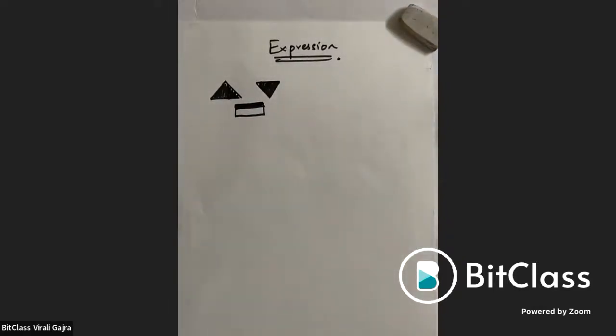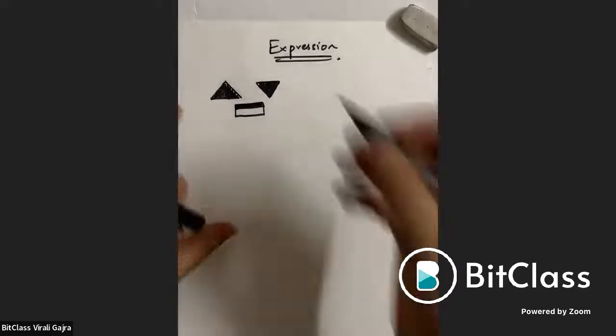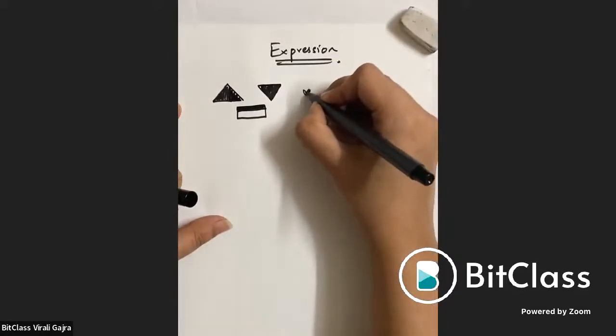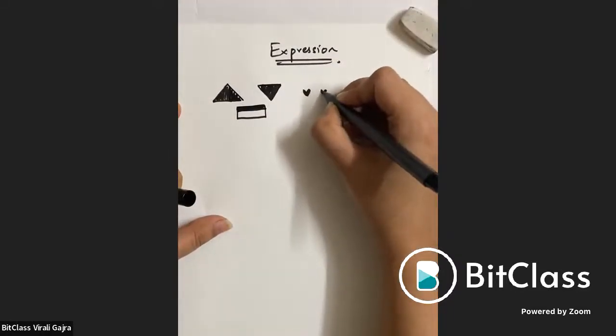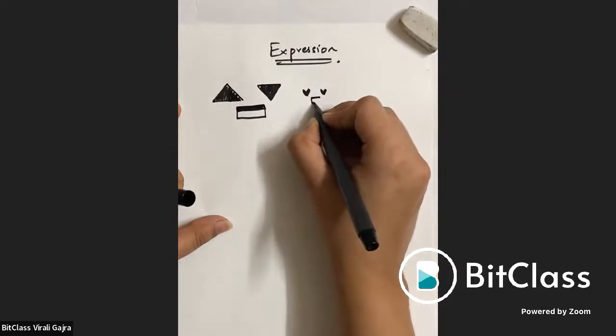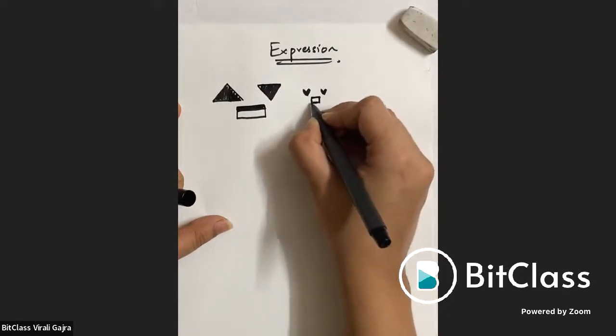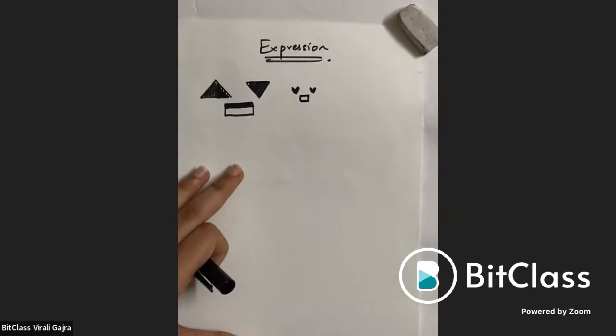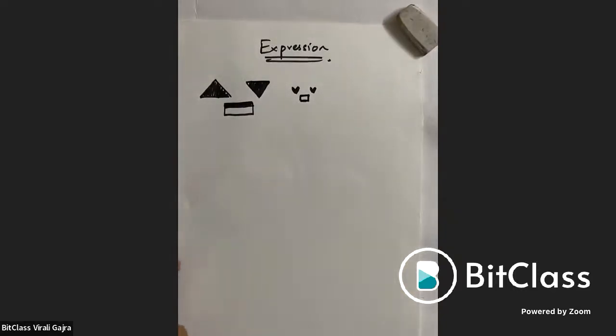Similarly, even you guys can make any two shapes and you can try to come up with your own expression. Okay, everyone, let's do that. Maybe heart shape and a square over here for the mouth. Or else, what you can do is you can maybe just use one single shape and keep on changing the size of that shape.